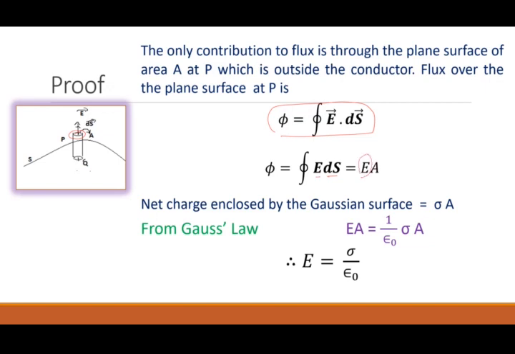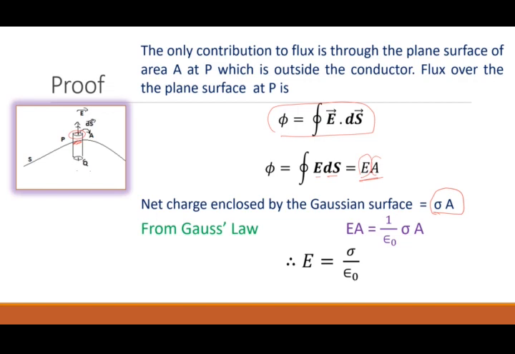E integral ds, by integrating ds, I will get the total area A. E into A. Net charge enclosed by the Gaussian surface is sigma into A. Why? Charge will be only in this surface, and it covers the area A, and at that point if the charge density is sigma, then sigma A is the total charge contained.